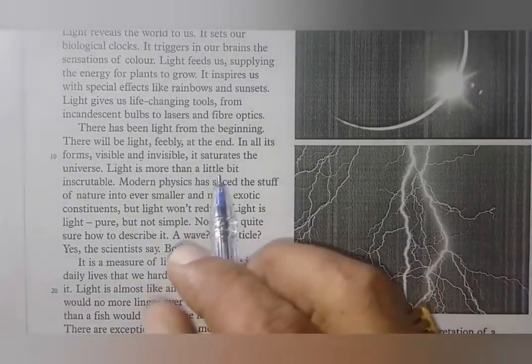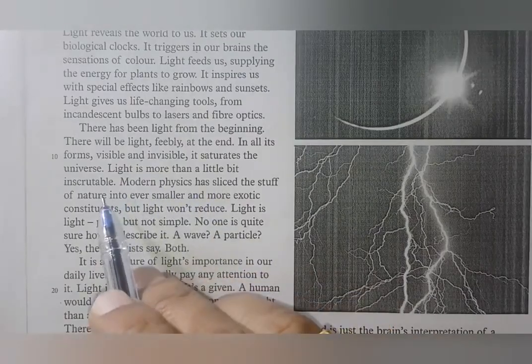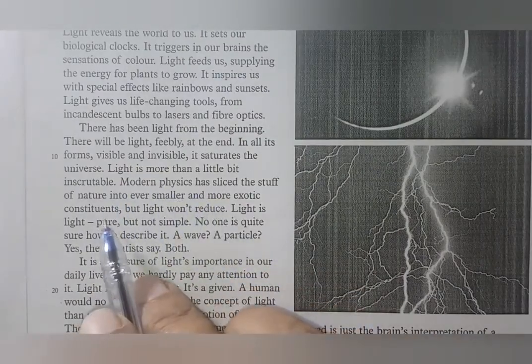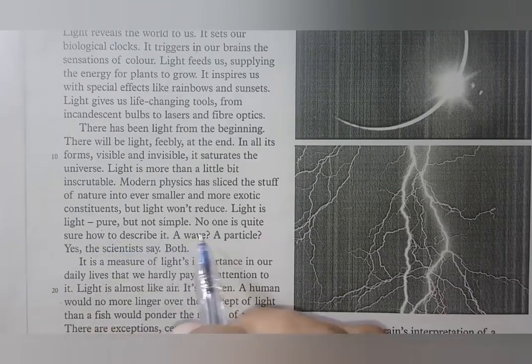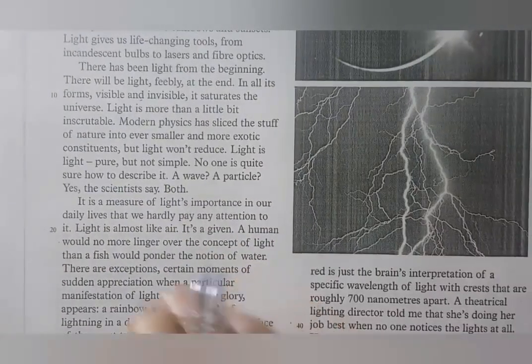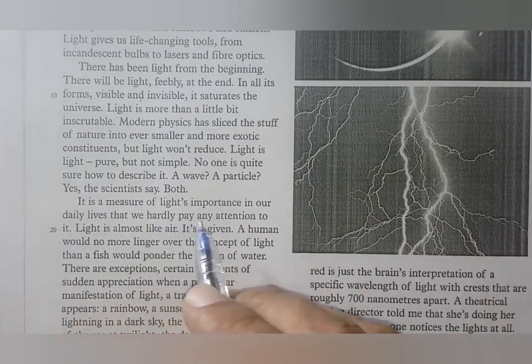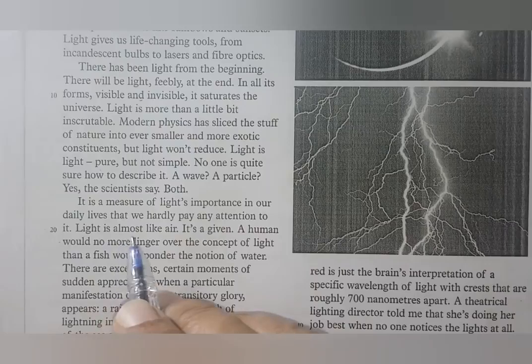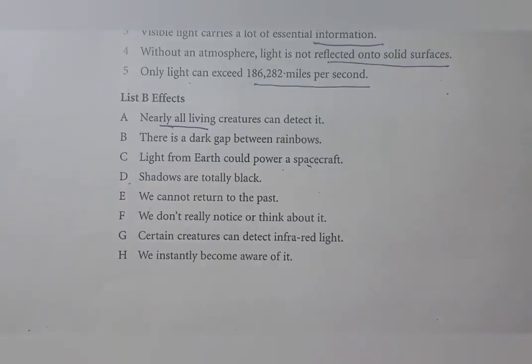So he said it saturates the universe. Light is more than a little bit. Light is pure but not simple. It is a measure of light's importance in our daily lives that we hardly pay any attention to it. Let me fold the page.